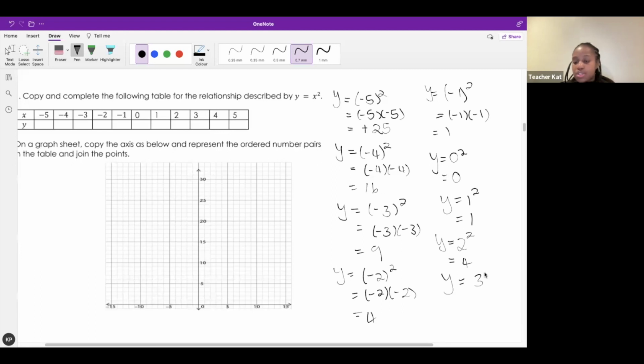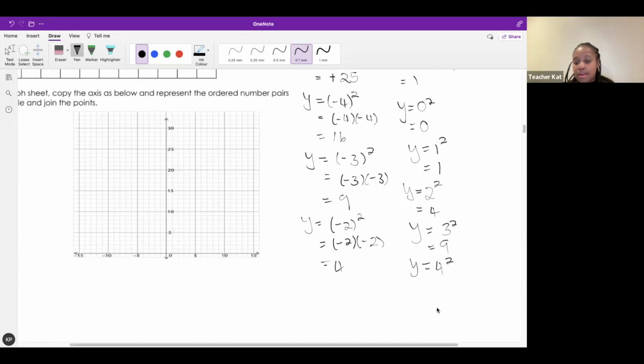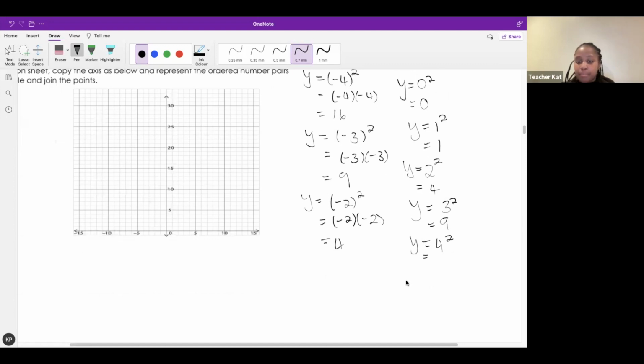Y equals 3 squared. 3 squared is? I see, I see. You guys are noticing some stuff. 4 squared. Y equals 4 squared is 16. And finally, y equals 5 squared.